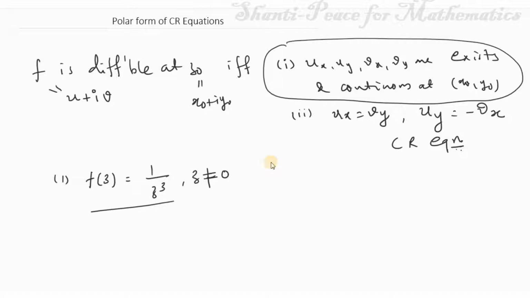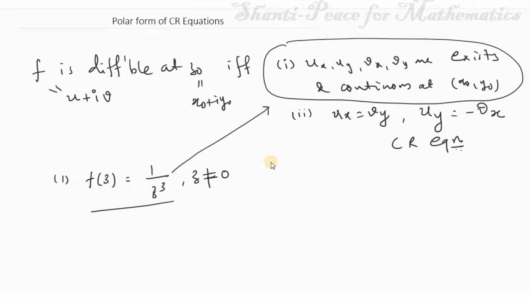What you have to do is check that f is differentiable. That means you have to verify that the first order partial derivatives exist for this function, the CR equations are satisfied, and the first order partial derivatives are continuous at that point.